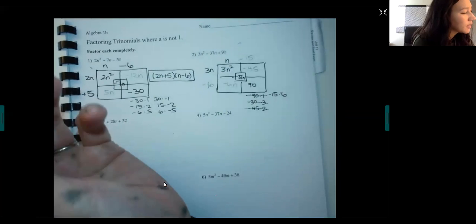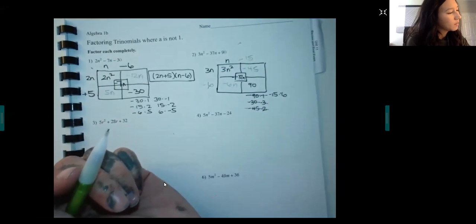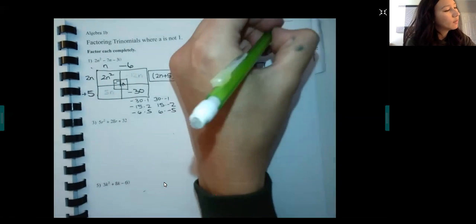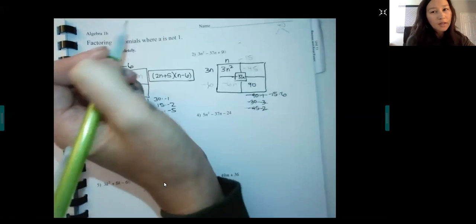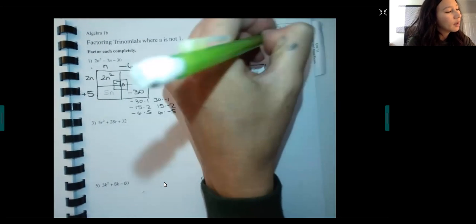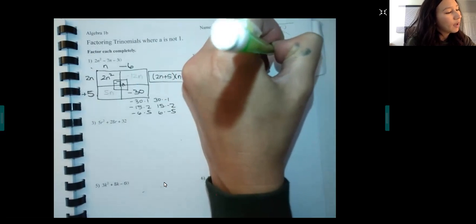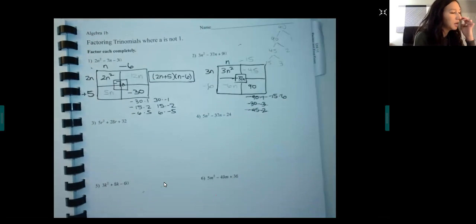So I must be missing one. What else multiplies to give us 90? So you can always do a factor tree. So we would do 90 and 1, and then 45 and 2, 3 and 15, which we have.